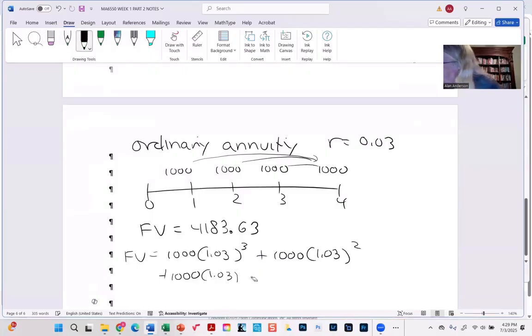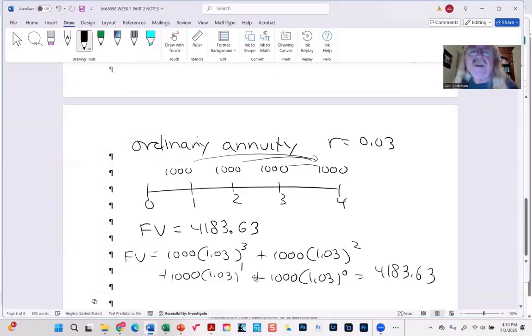And then the last one is actually being deposited in year 4. So it's not actually being invested for any length of time. We literally just deposited it at exactly the time at the end of year 4. Okay, so that means this one will be 1.03 to the 0 power. And that, as we've already seen, adds up to 4183.63.